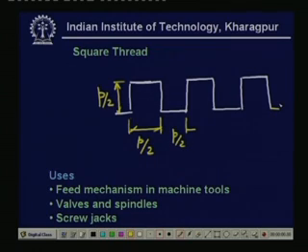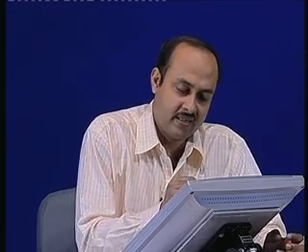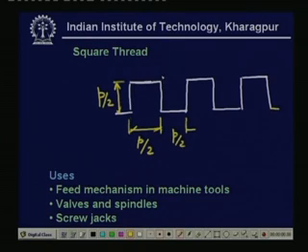We see when we study the power screws that the efficiency of the screw to transmit motion, transmit power from one member to the other, depends on the slope. Now, if it is a 90-degree slope, that is, this angle is 90-degree, then the efficiency is the highest.